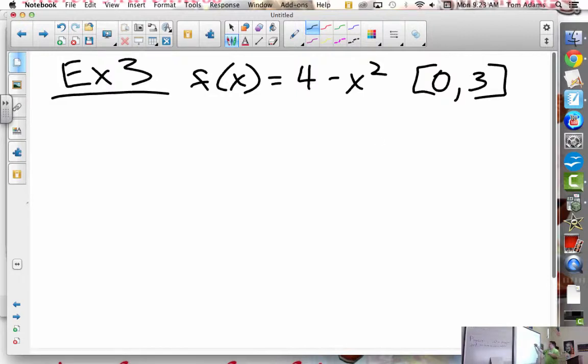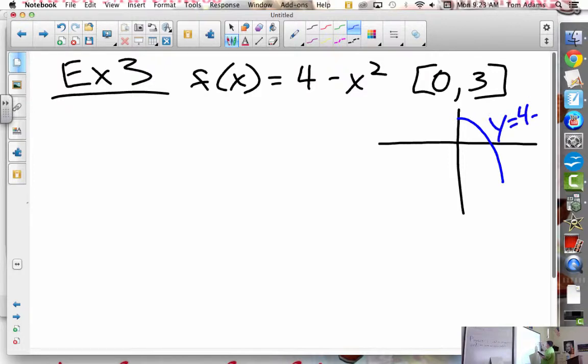Now, if I were to graph this function, it kind of looks like this. So this is y equals 4 minus x squared. And if I graph it from 0 to 3, the area under the curve is here.